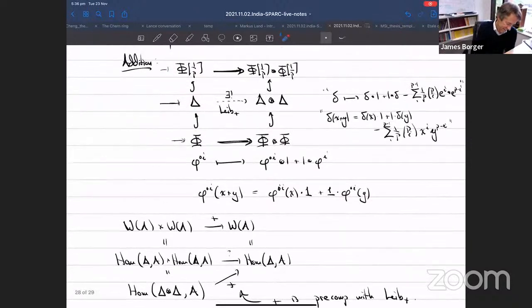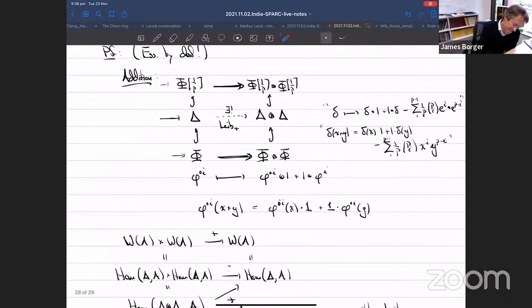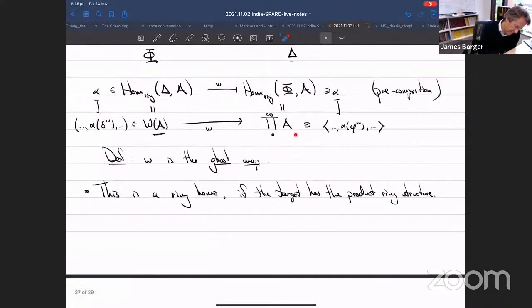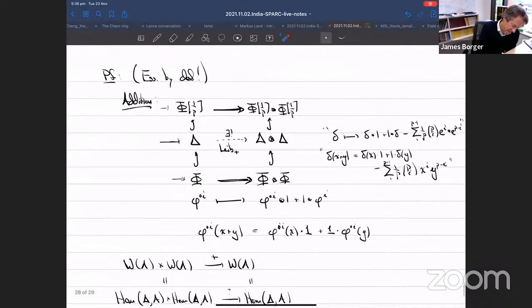But then the statement that this thing up here is a ring homomorphism is exactly that this square here is commutative.